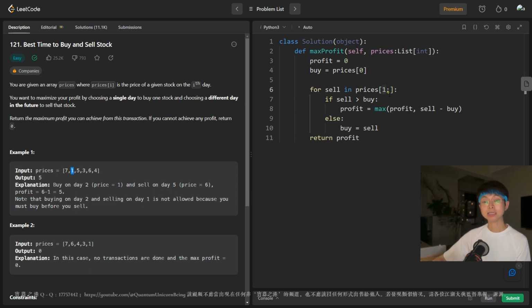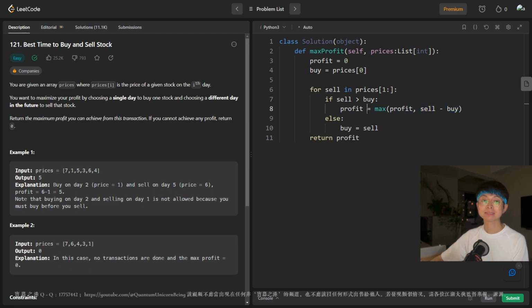And if sell is greater than buy, this line checks if the current selling price sell is greater than the buying price buy. And if the selling price is greater than the buying price, then this line calculates the potential profit by subtracting the buying price from the selling price.